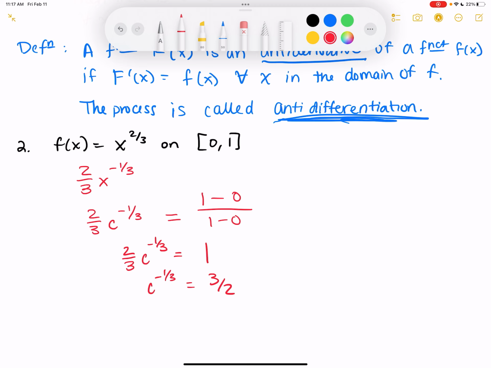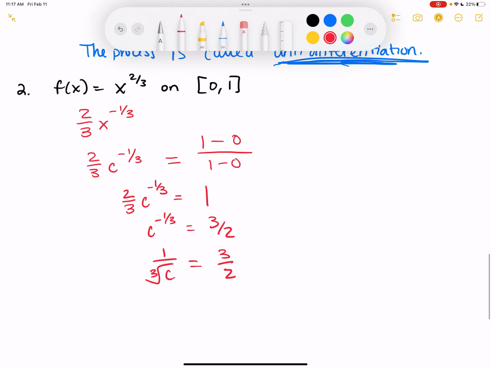And then following the procedure of how to get c by itself, we can move it to the bottom and take the cube root of it. So 1 over the cube root of c is equal to 3/2. If I want to undo the cube root, I cube both sides. So I get 1 over c is equal to 27 over 8.